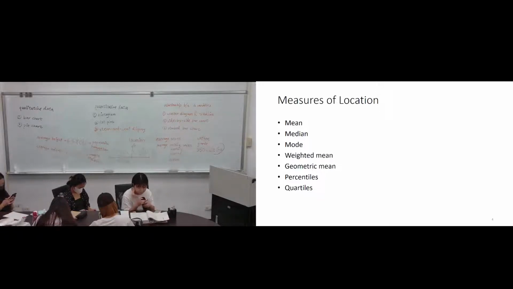In addition to the mean, we learn the median, mode, percentiles, and quartiles. So the mean, weighted mean, geometric mean, median, mode, percentiles, and quartiles are measures of location.